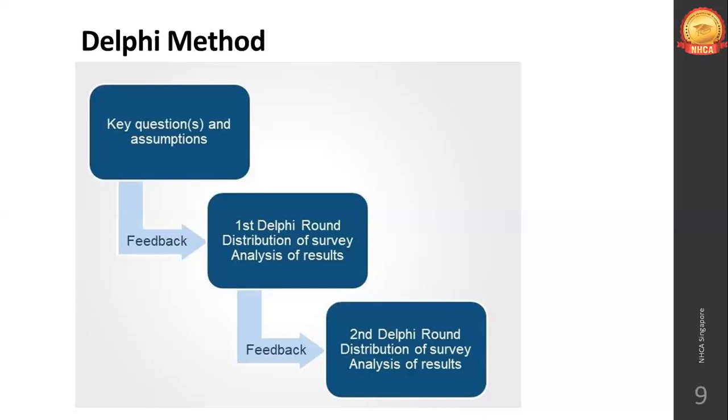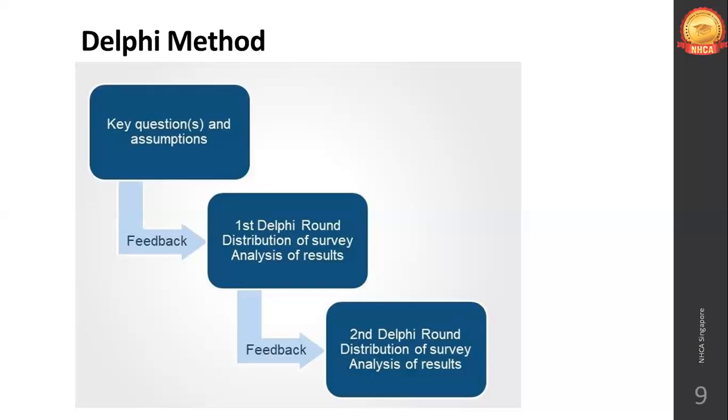These rounds will go on until everyone agrees on one particular solution. So that is the Delphi method. Experts are invited, and the Delphi rounds go on and on until one particular solution is finalized, and this solution will come from the experts only. You do not know who the expert is.